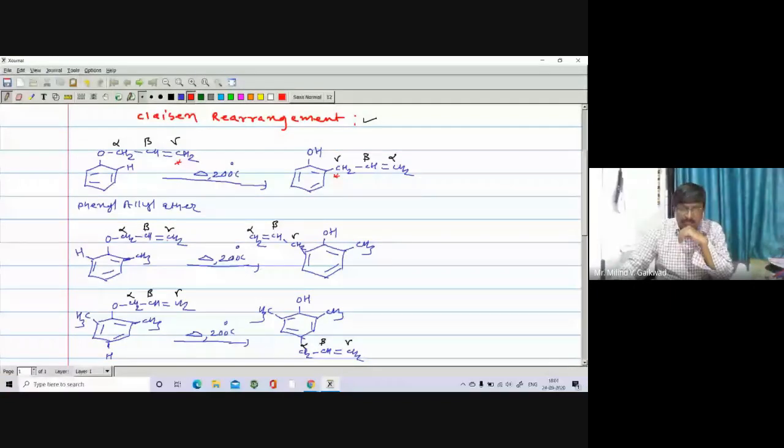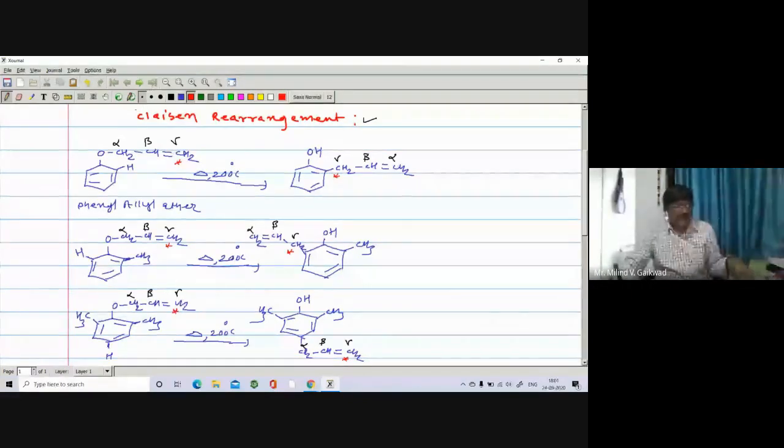Next example, if this carbon is a label carbon, then again the same thing, this carbon will be the label carbon. Here we have put ethyl. Sometimes they also put methyl, ethyl, or phenyl group. So we'll get a number of examples. It is called the Claisen-Ester condensation reaction.